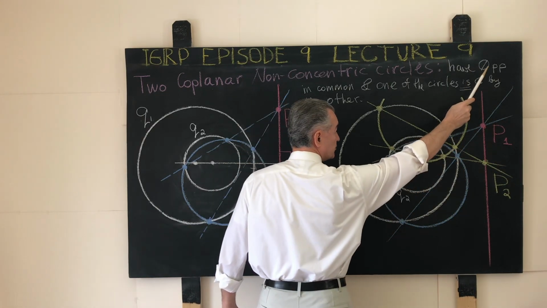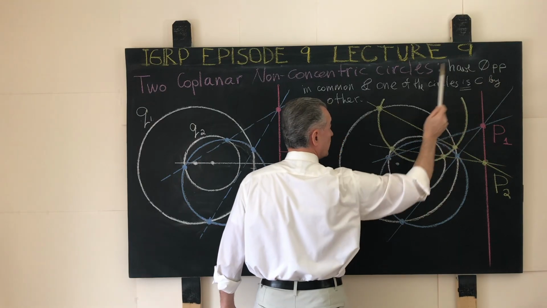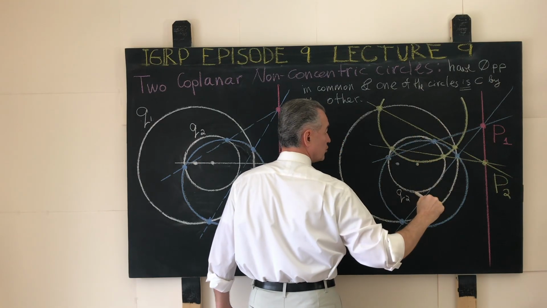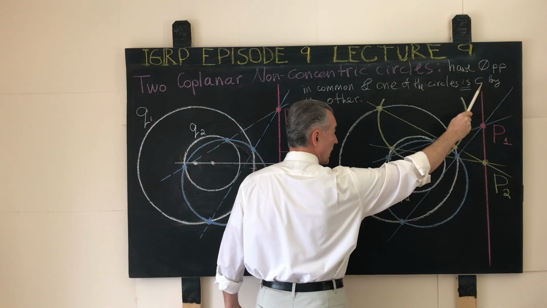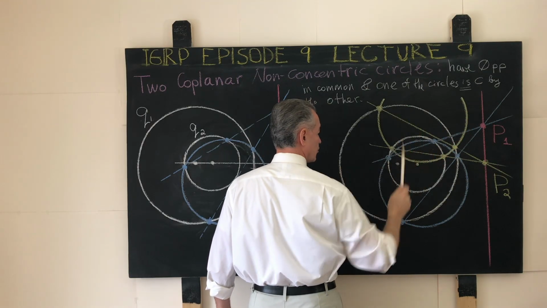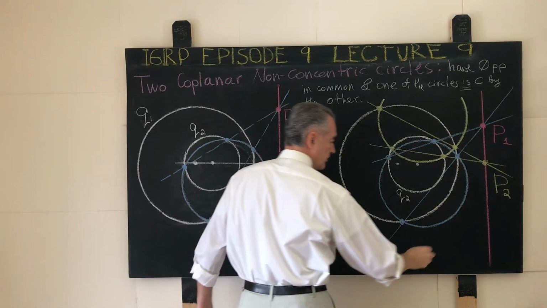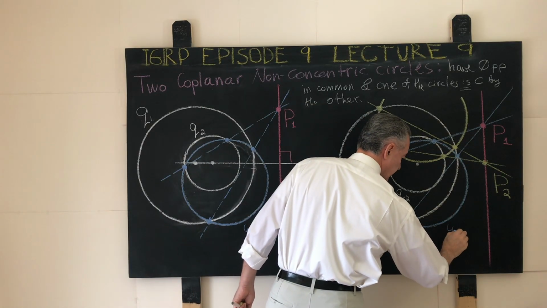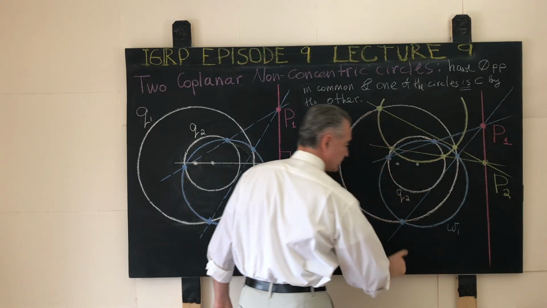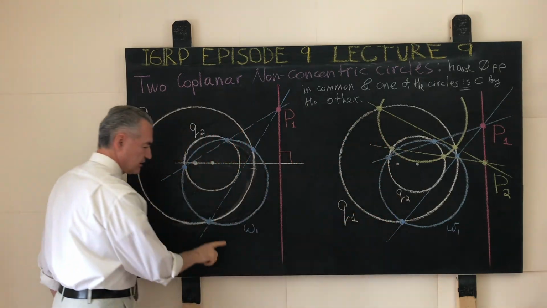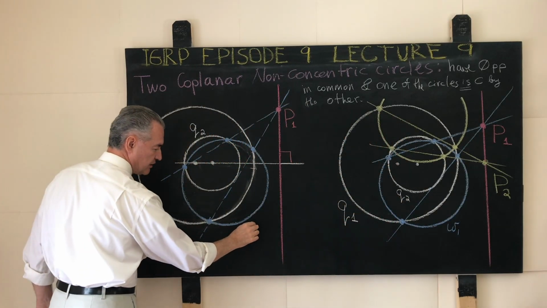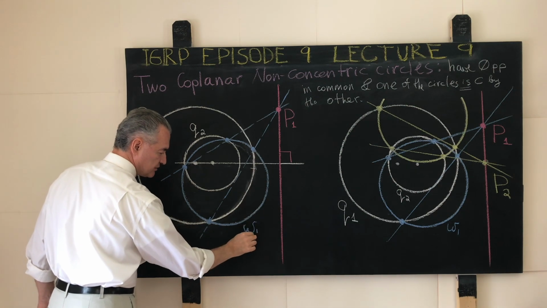These two circles have 0 points in common, and one of the circles, namely Q2, is completely contained by the other, circle Q1. Here we recognize our auxiliary circle, let's say W1. This is the blue circle here. That's exactly the one that we used over here. Let's say for definitiveness, that's W1.